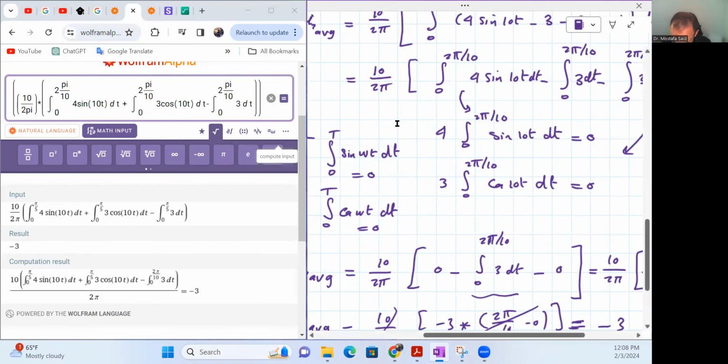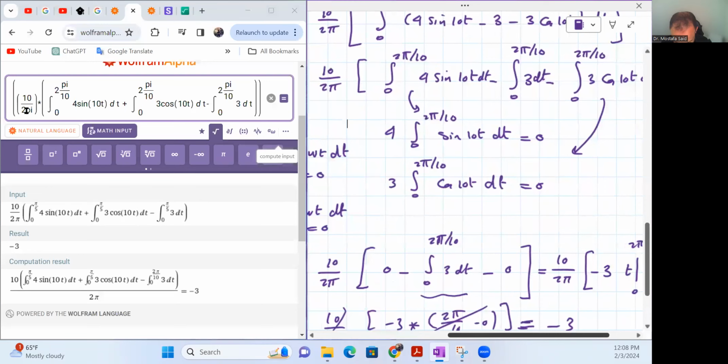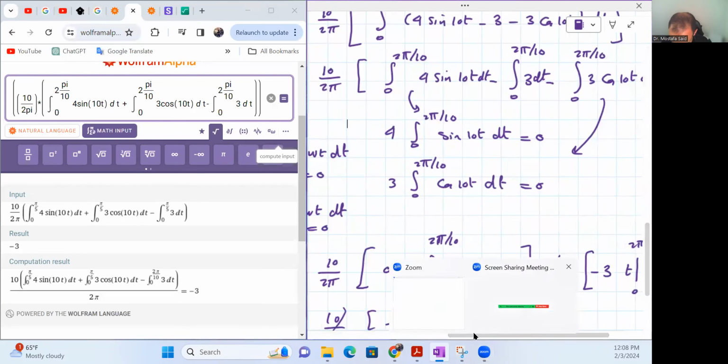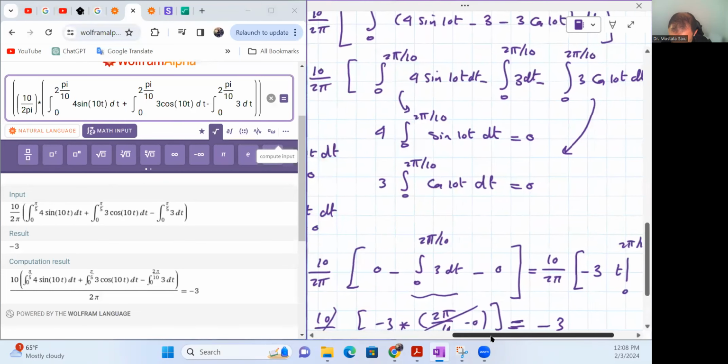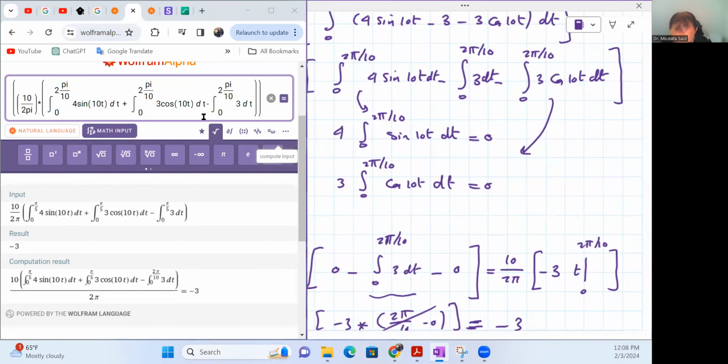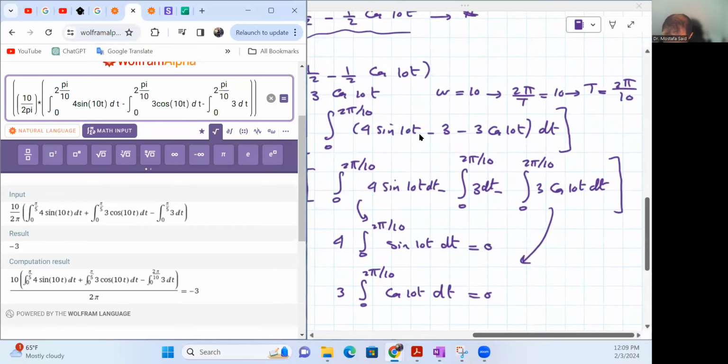So 10 over 2 pi, first term 0 to 2 pi over 10, 4 sine 10t dt. Second term, you just switch the second and third, that's fine, so the third is written first. 0 to 2 pi over 10 cosine. Actually, this is minus, but of course, because it's 0, it doesn't affect, so that's fine. Minus 3 cosine 10t, and the third term is minus here.